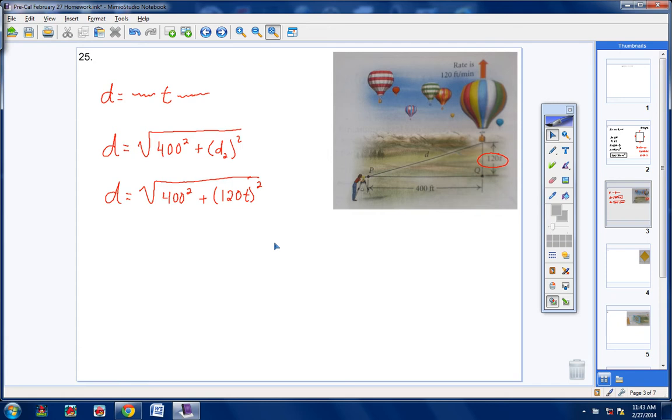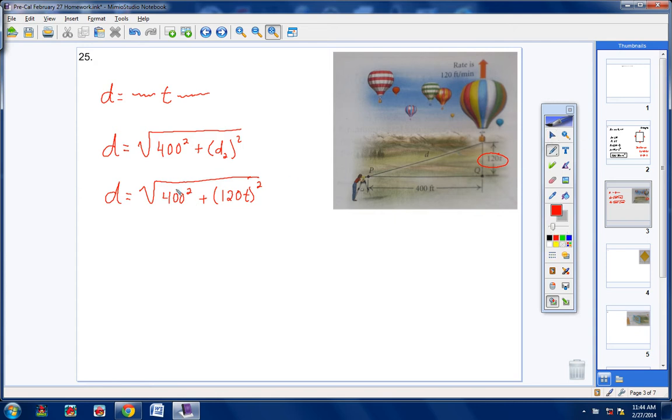Now, we do have to do some simplifying, of course. We can square the 400, and we can square the 120t squared. And if you do all of that correctly, I did not do it ahead of time, and I should have. That's my fault. 400 squared, let me very quickly write this down here.